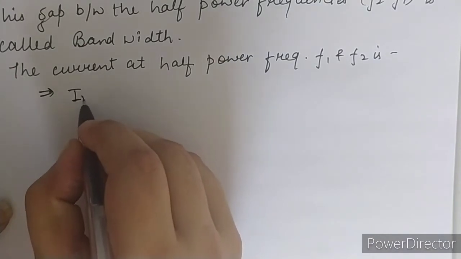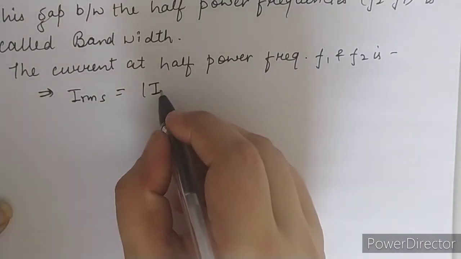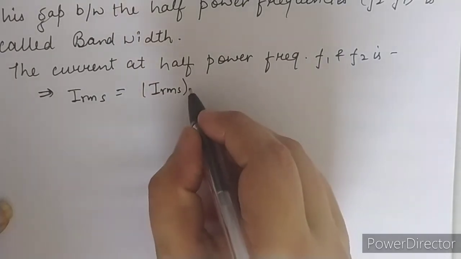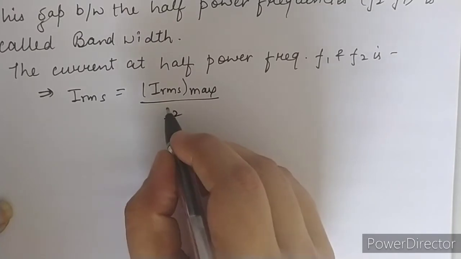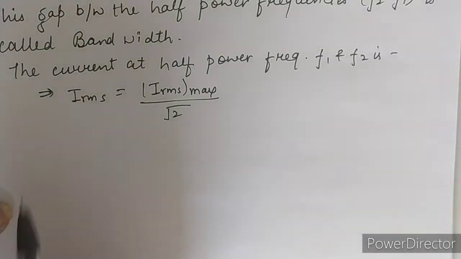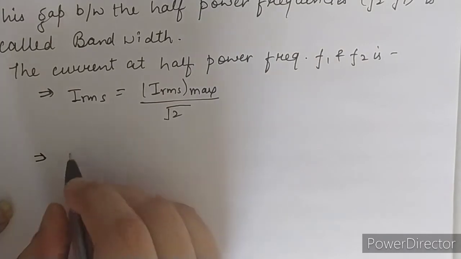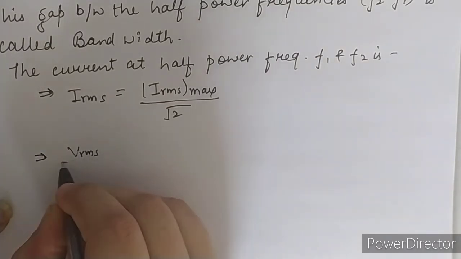We have just calculated from the half power point frequencies that IRMS is equal to the maximum value of IRMS divided by root 2. Now you know the formula according to Ohm's law, I is equal to V upon R. So for the RMS, I is equal to VRMS upon R.